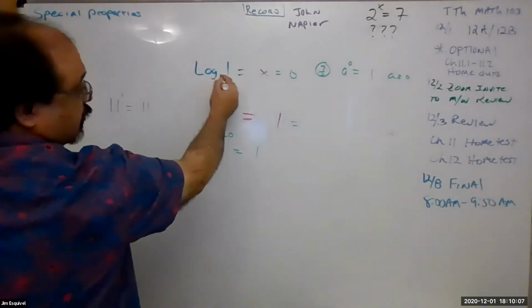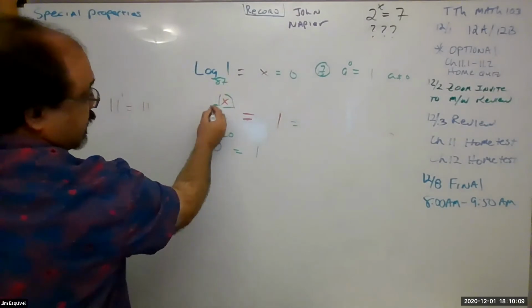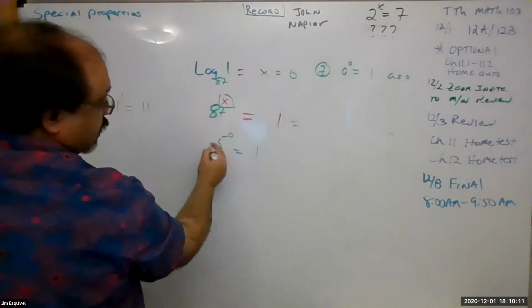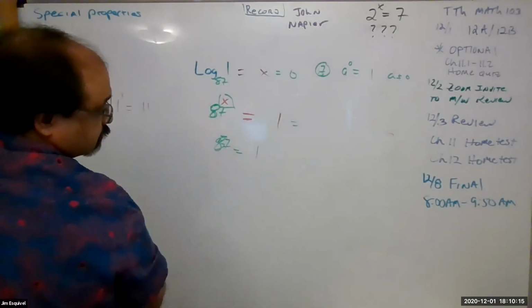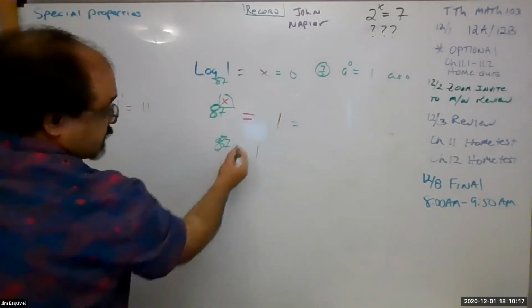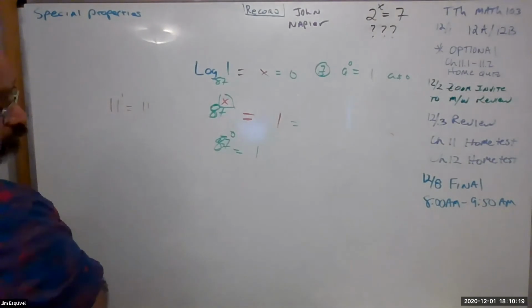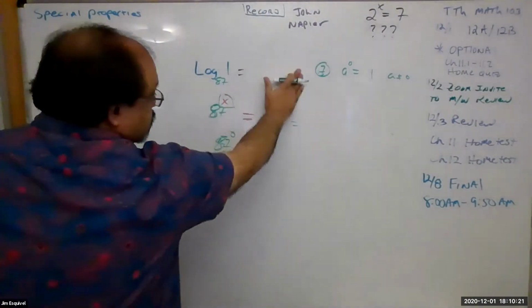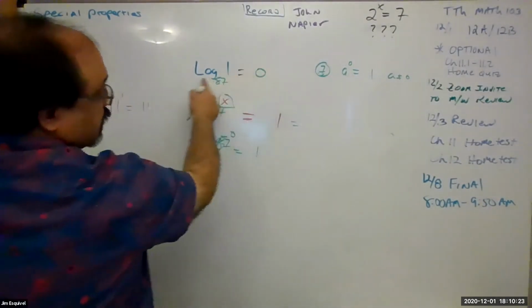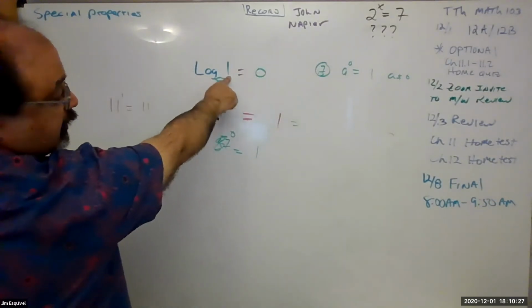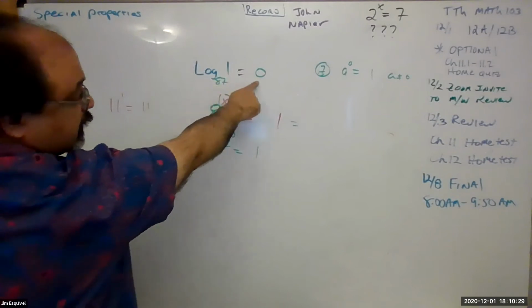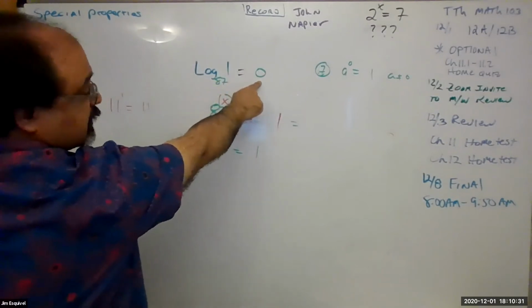What if I change it to an 87? 87 to what power makes a 1? It still has to be 0. So guess what? No matter what your base is, if you take the logarithm of 1, the answer is always 0.